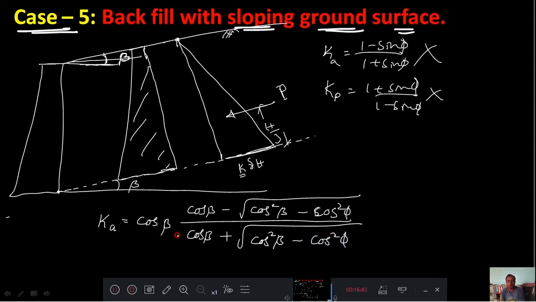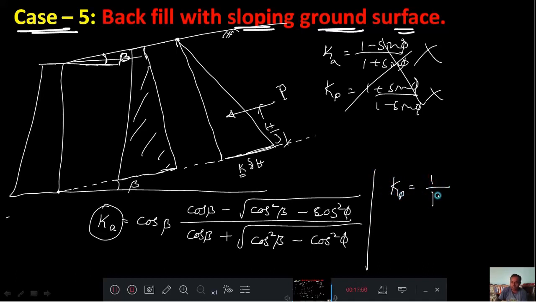By using this formula we need to calculate Ka. Okay? And that Ka you use everywhere wherever it is required, then the problem is solved. Then what about Kp? Kp will be equal to 1 by Ka.